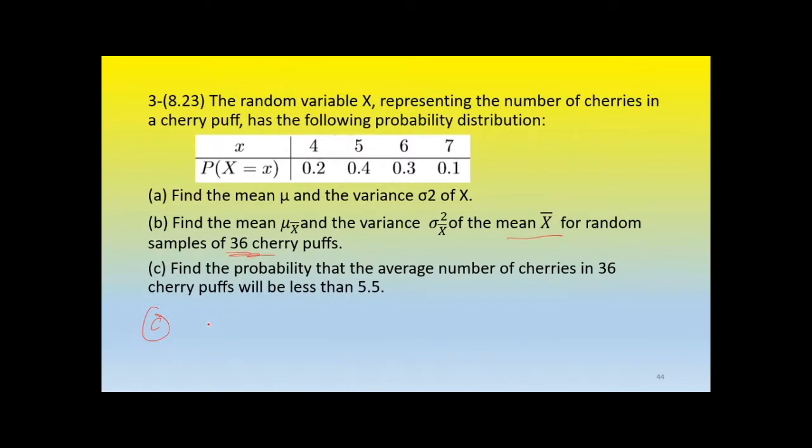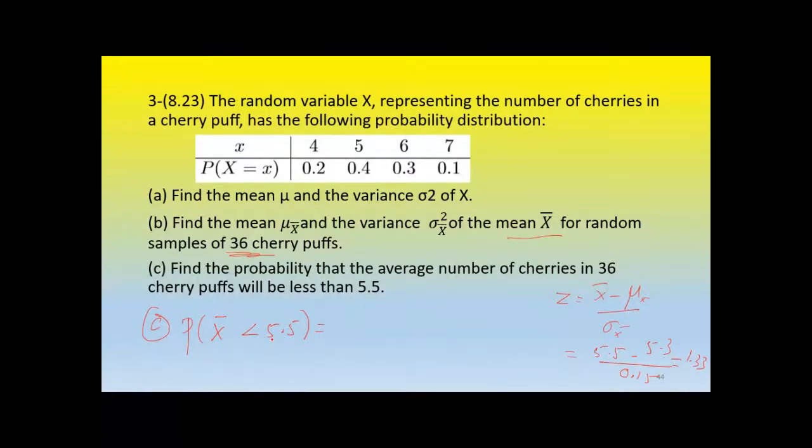So probability of x bar less than 5.5, isn't it? So immediately find z. Z is x bar minus mu x bar over sigma x bar, isn't it? X bar is 5.5 minus mu is 5.3, and sigma x bar we have found 0.15. This will give you z value 1.33.